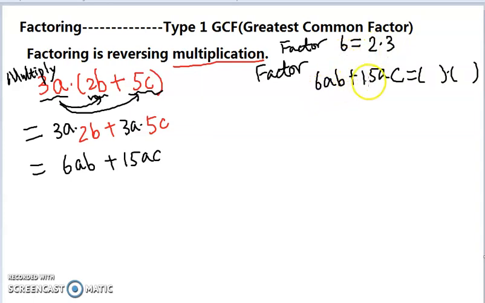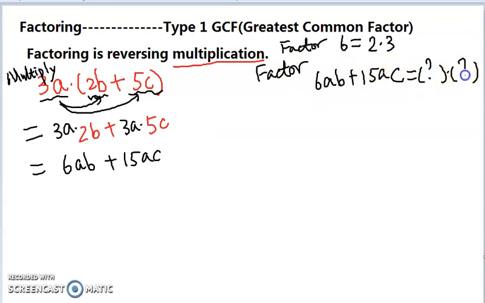With numbers, it's very easy to see one number times one number will give us a 6. But with numbers and variables or letters combined, it's not as easy to do. We may not be able to see it that quickly, but the idea is the same. We need to break down 6ab plus 15ac as something times something.